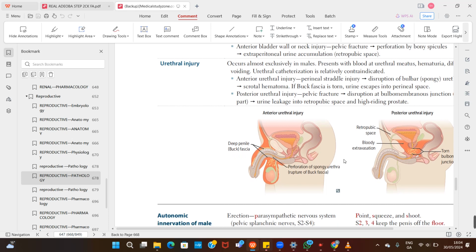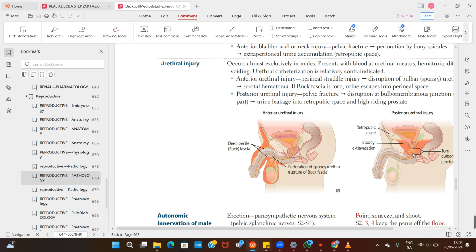The posterior urethral injury occurs when an individual experiences a pelvic fracture, right? And the most liable portion of the urethra that succumbs to this pelvic trauma is what? The bulbo-membranous junction. Somewhere at this point, this is the weakest part.